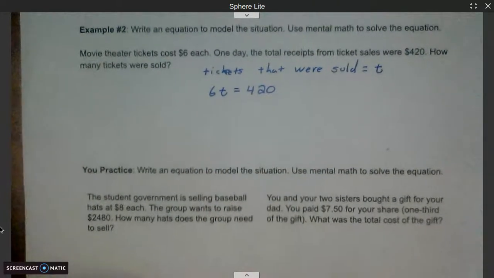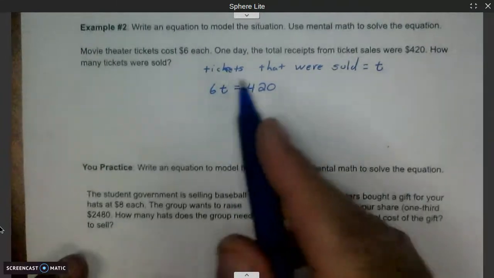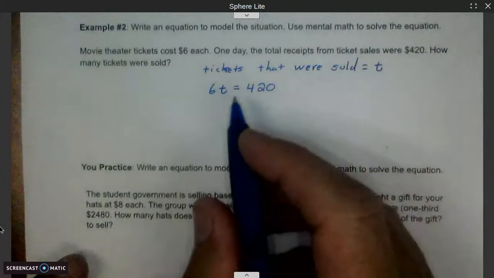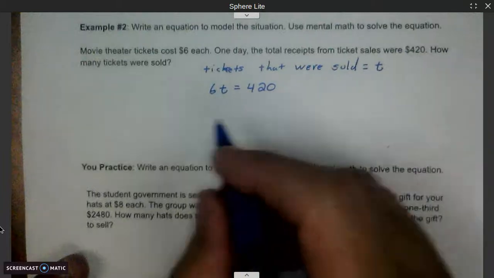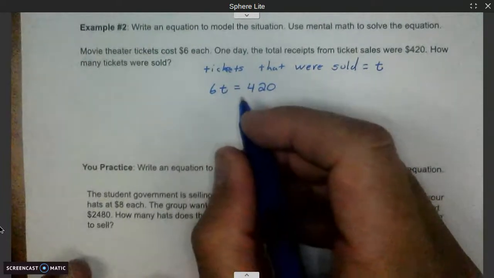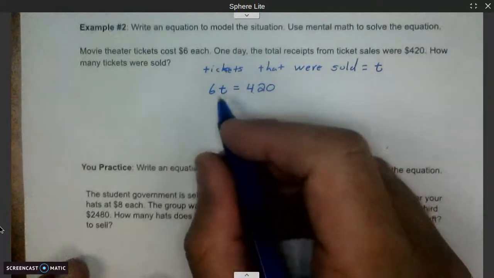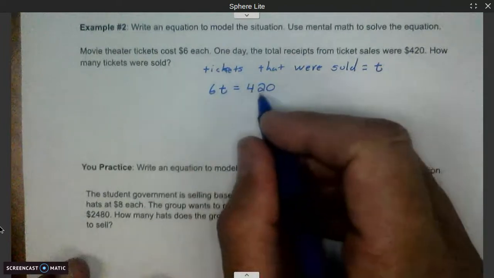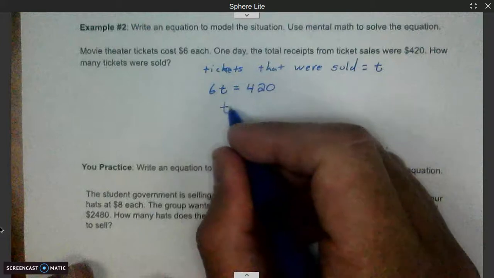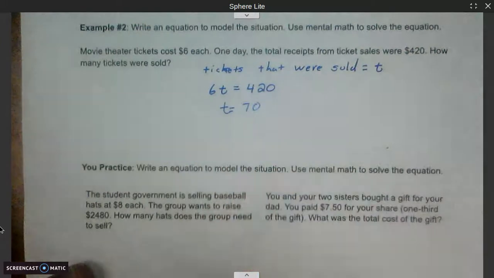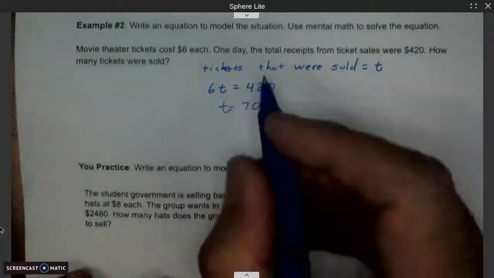Now we haven't learned how to solve equations yet, but we can use mental math to solve it, or you can do trial and error. Trial and error is always good. So 6 goes into 420. Well, 6 goes into 42 7 times, so T equals 70.